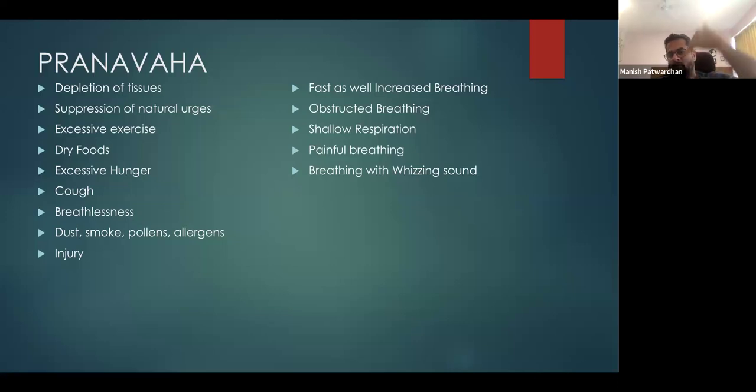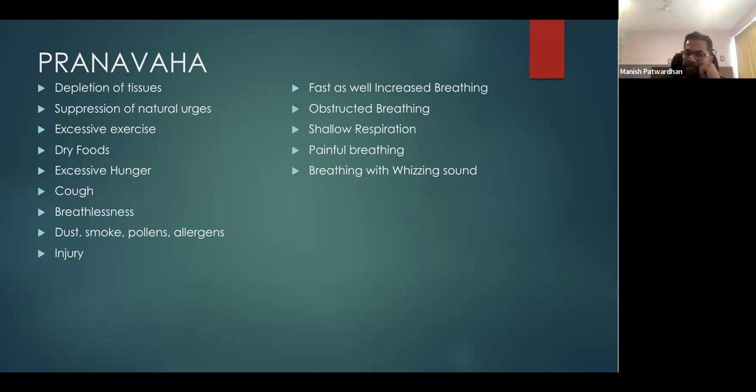So in the Pranavaha Srotas, which is your respiratory channel, which subtypes of dosha are functioning? Prana and Udana. Correct? In the respiratory channel, from your nose into your lungs, etc., which subtypes are functioning predominantly?